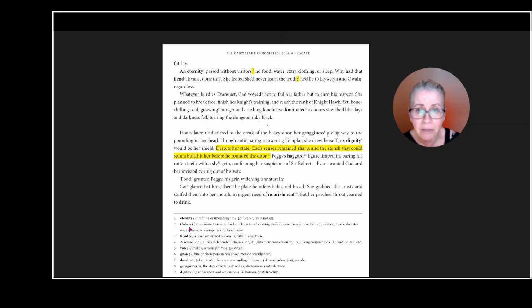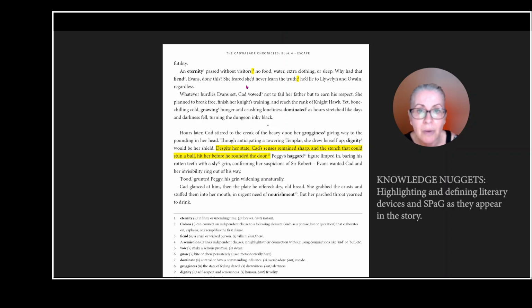We use child friendly in context definitions that have been checked against dictionaries such as the Oxford English Dictionary. So we do define the words mostly in the part of speech in which they appear in the story. So if you can see here, eternity appears as a noun and we define it as a noun. Nor appears as a verb and we define it as a verb.